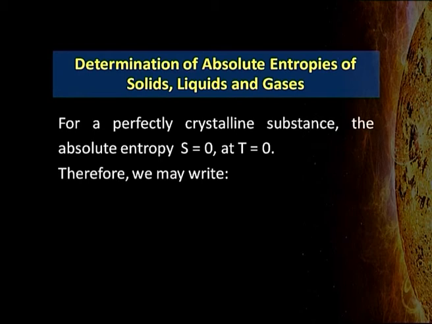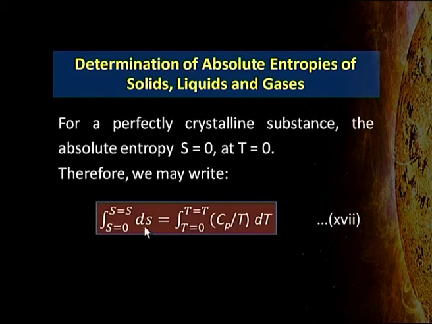Therefore, we may write the integral of dS in the limits S equal to 0 and S equal to S, is equal to the integral of Cp by T dT within the limits T equal to 0 and T equal to T. This is equation number 17.